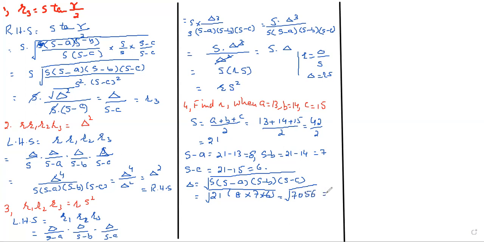Which is equal to 84. Now, R equals, we have to calculate the value of R. Okay, R equals delta over S, which is equal to 84 divided by 21, which is equal to 4 units. Okay, this is our answer.